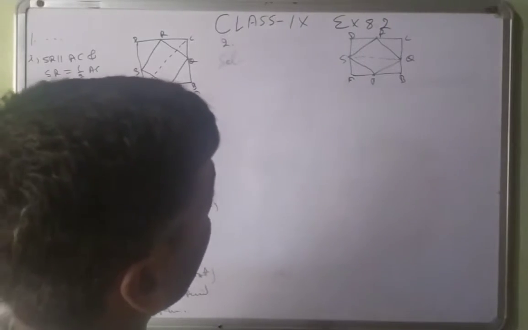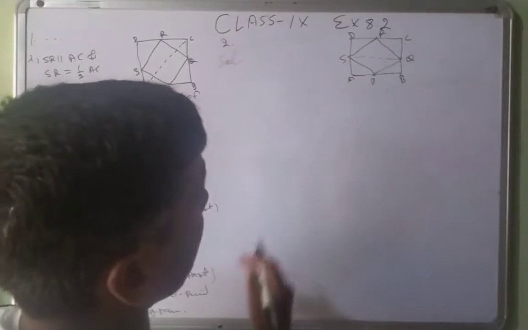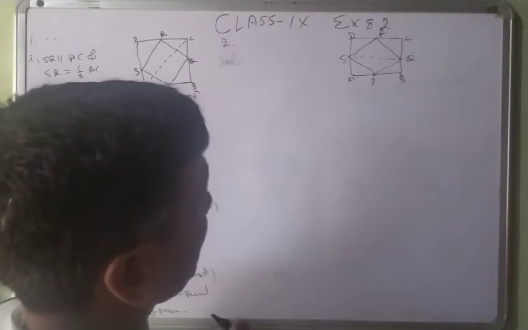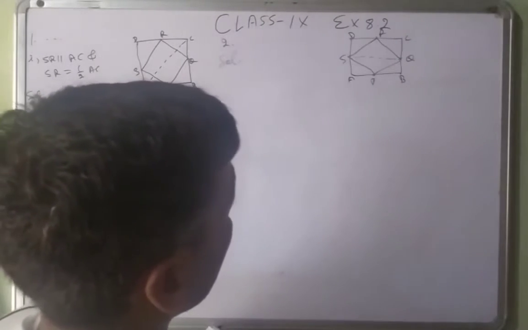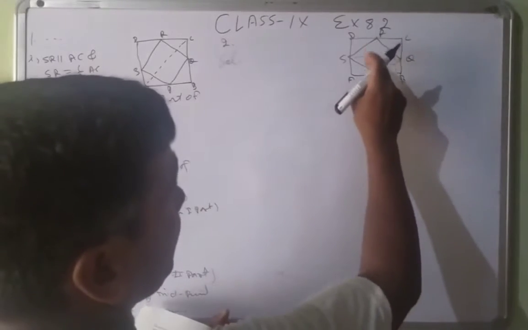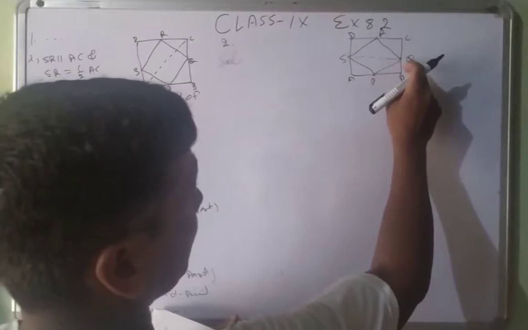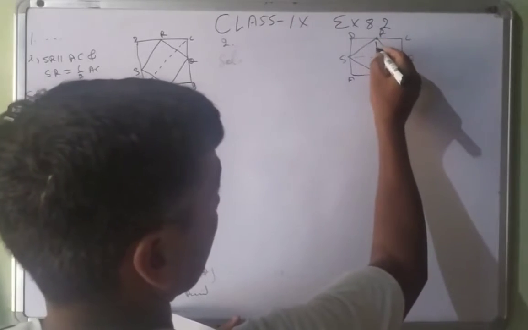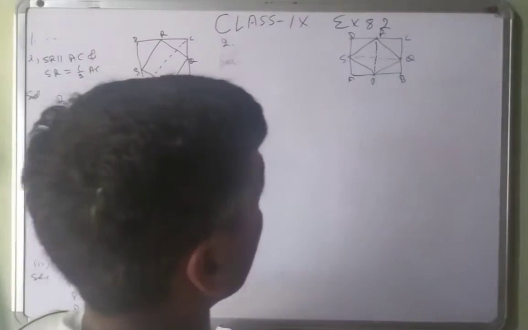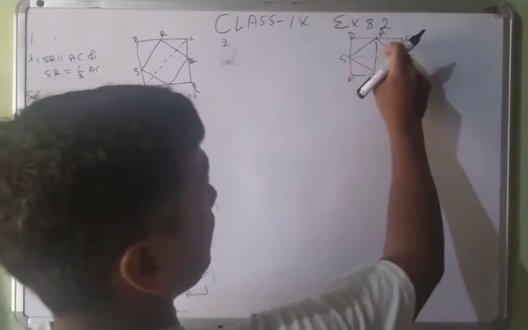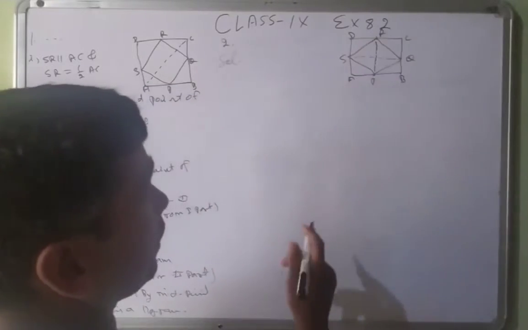So what will we do here? We also join the diagonals like this. Now we need to prove that this side and this side are equal, and this side and this side are equal.